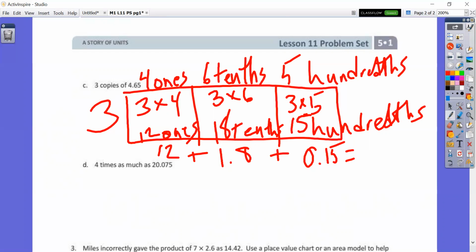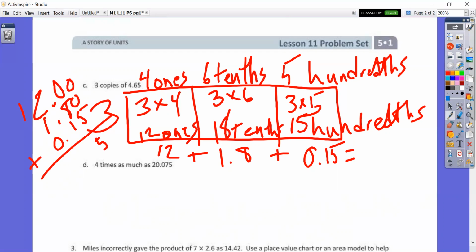If you need to stack them, let's do perfect practice makes perfect. 1.8 and then 0.15. I'm going to put zeros in the hundredths place for the other numbers, and then I'm going to stack and add. Hundredths place is going to have a 5. The tenths place should have 9. Decimal comes down. 2 ones plus 1 is 3 ones, and then bring the tens place down. I have 13 and 95 hundredths.